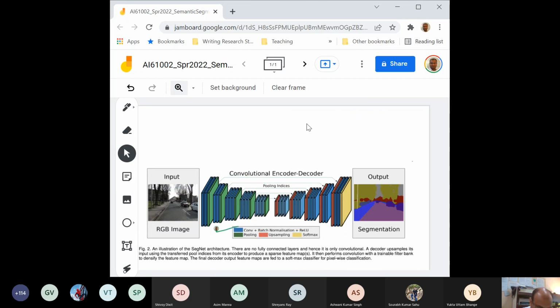This is the VGG 16 which is being used over here. And on this side, they create these kind of filter banks in order to be symmetric with the encoder side so that it works out pretty well.